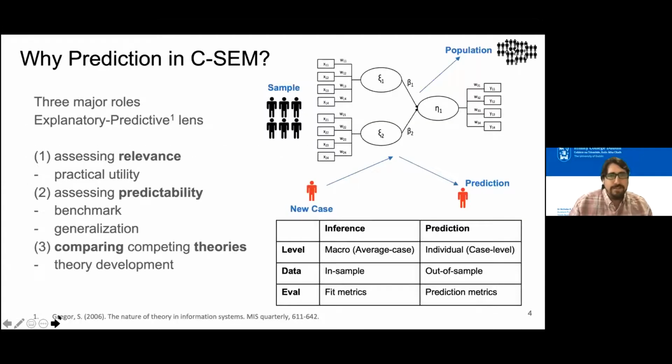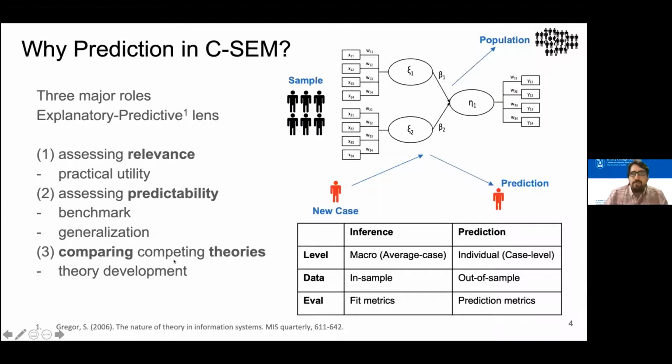So let's zoom in a little bit and discuss why we should be interested in prediction in composite modeling. Traditionally, we have these two ways of approaching analysis of our models, an explanatory approach or a predictive approach. What we're seeing now is advice to move towards a joint EP approach.